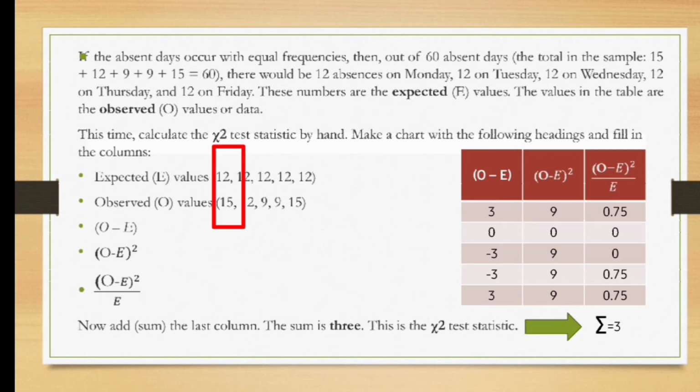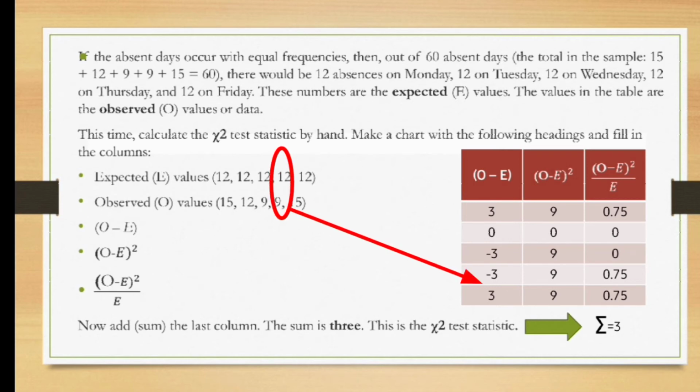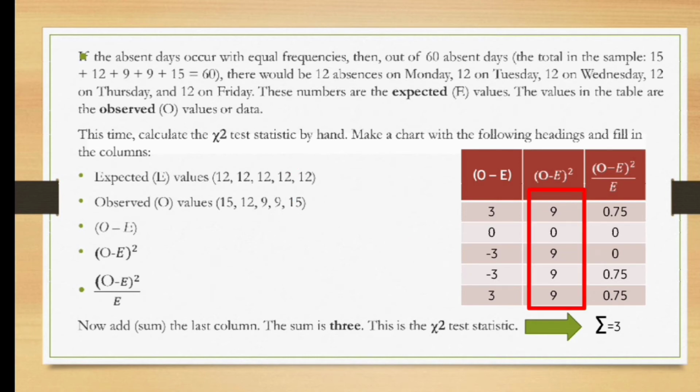So 15 minus 12 is 3, 12 minus 12 is 0, 9 minus 12 is negative 3, 9 minus 12 is negative 3, and 15 minus 12 is 3. If we square these answers, we have 9, 0, 9, 9, 9. These answers will be divided by the expected. Then we have 0.75, 0, 0.75, 0.75, and 0.75. Their summation is 3. So now we already have the test statistic, which is 3.